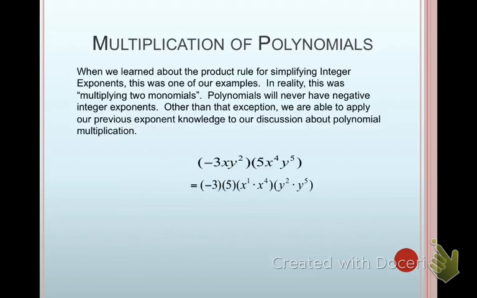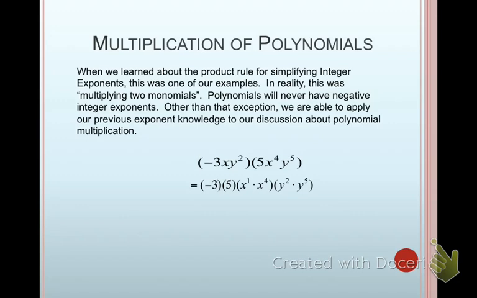Now, previously you multiplied two polynomials. You probably just didn't realize it. You actually multiplied two monomials when we looked at exponent rules before. So for example, negative 3xy squared times 5x to the fourth y to the fifth was multiplying two monomials.